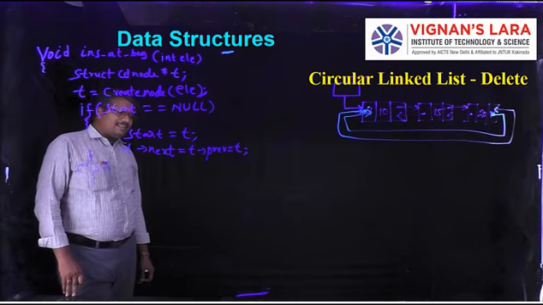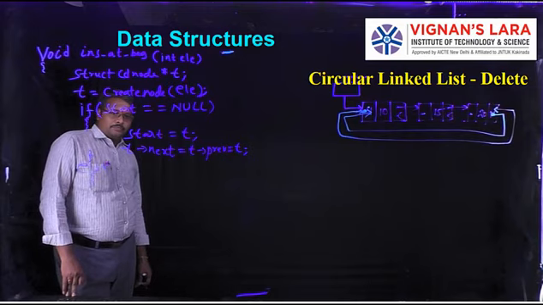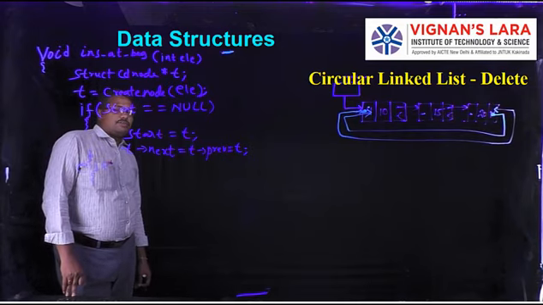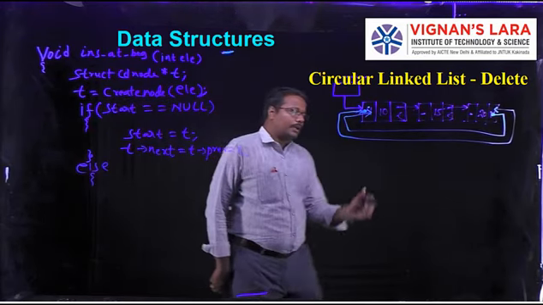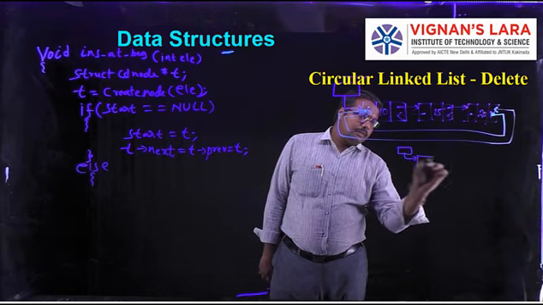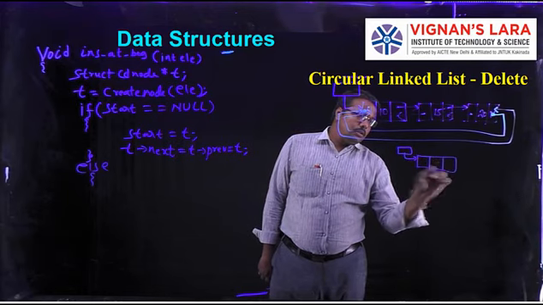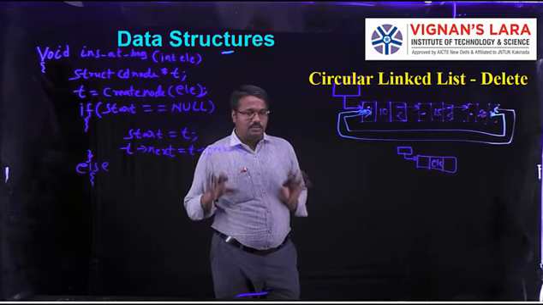So what are the pointer adjustments we learned in the single linked list? First we have to do that thing. Okay, this is a temporary node. Like that, one node is readily available.